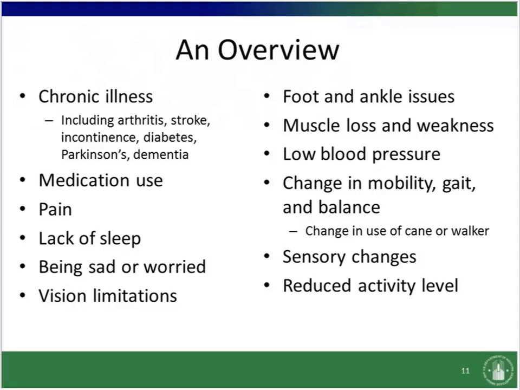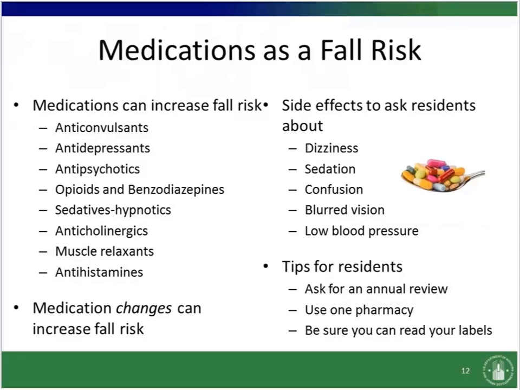In the next slide, we'll explore some of these issues going forward that we touched upon. One of the main things that is really problematic for people as they age is the number of medications that they take. And I think anyone above the age of 65 or 70 who comes into my clinic has a laundry list of medications.